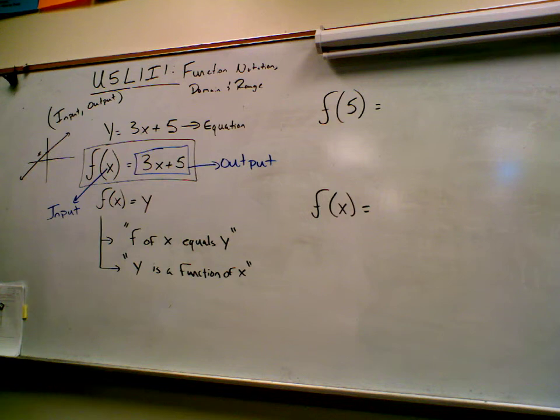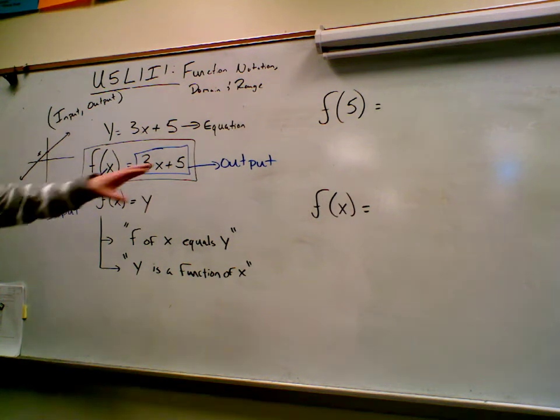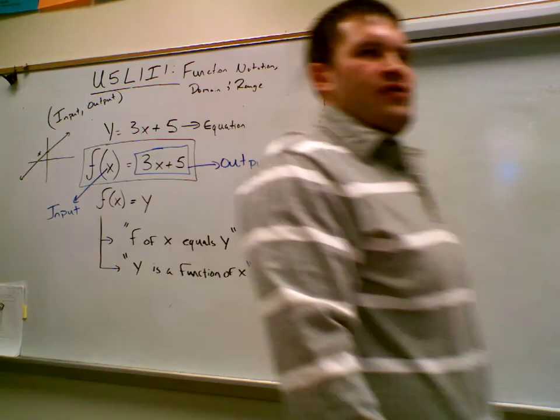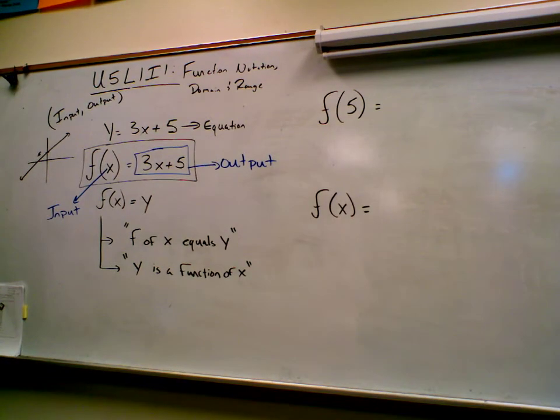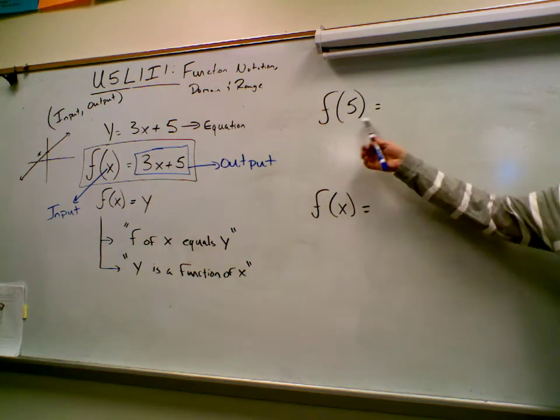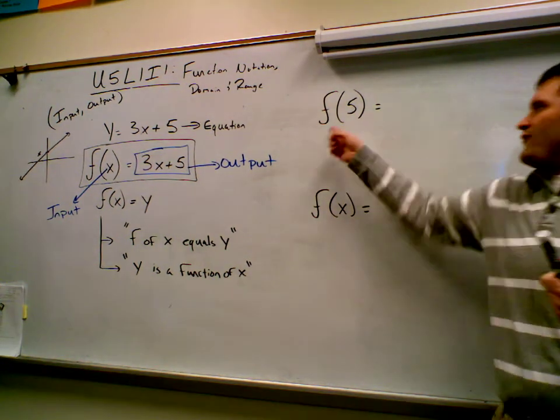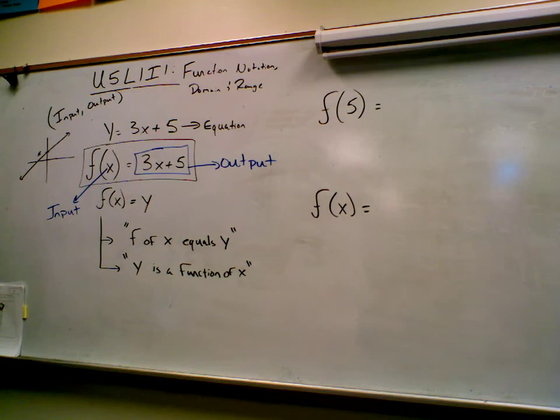So what does this mean for us to do? What if I want to find f of 5? We plug in 5 for x, perfect. If they give us something and say, find f of 5, that's how I say this, f of 5. That means 5 is my x, 5 is my input.